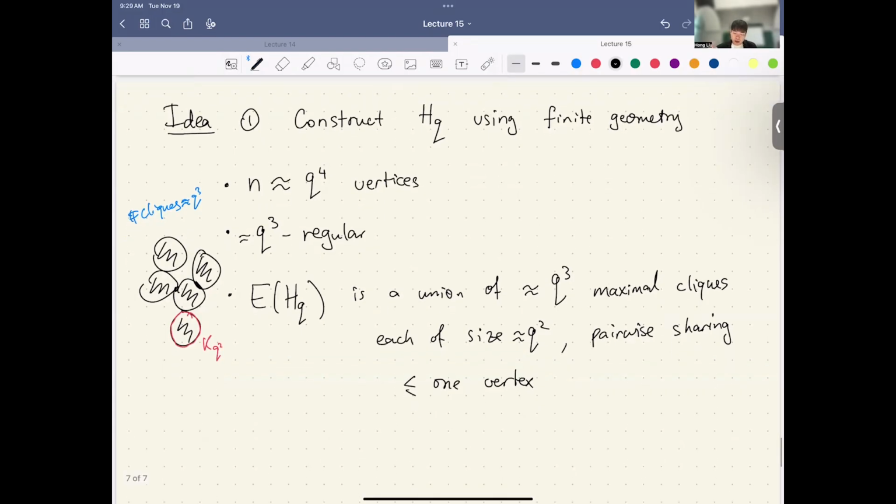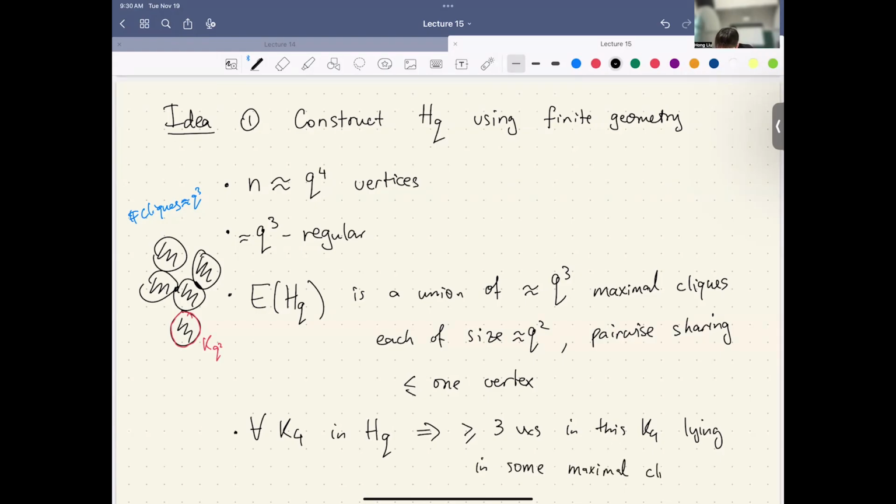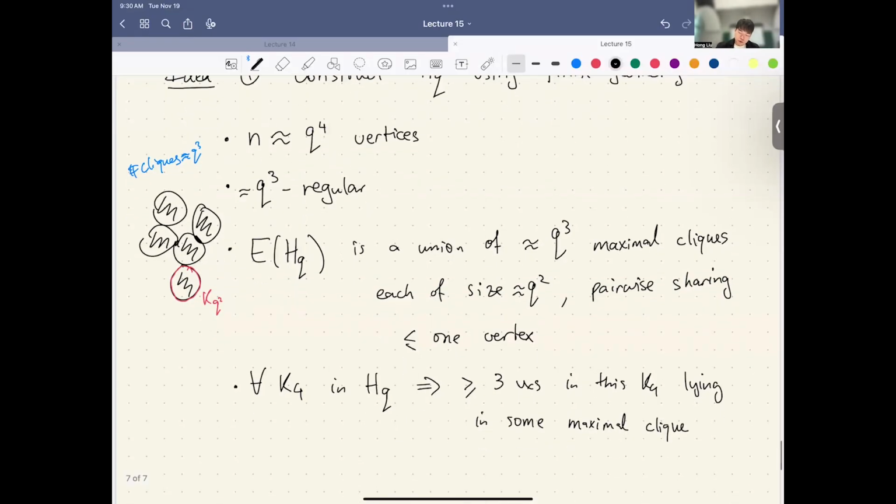This is their property. Finally, the very last property, a very important one: for every K4 in H_q, you can definitely find a triangle, at least 3 vertices of this K4, that lies in one of these maximal cliques.